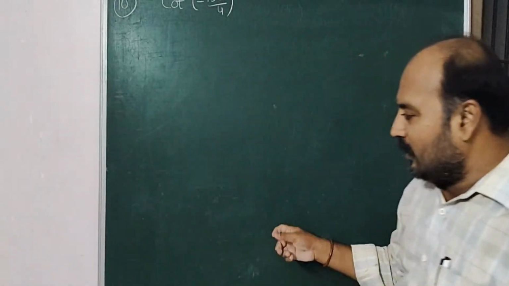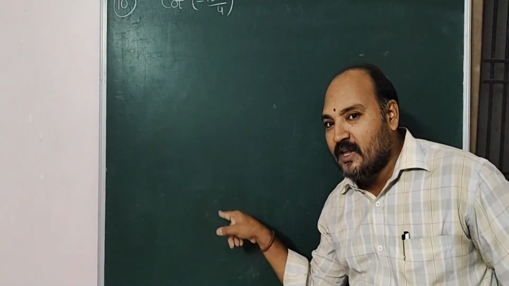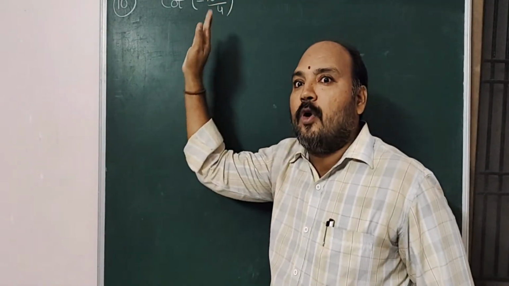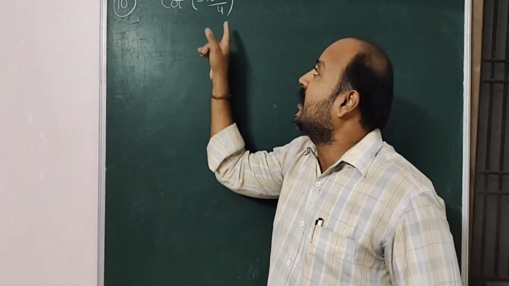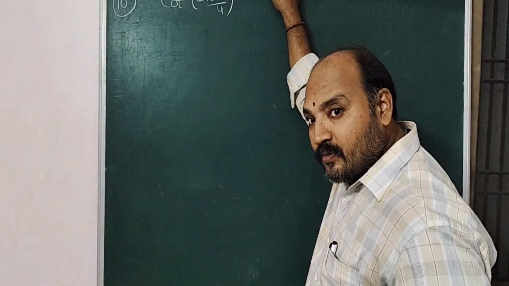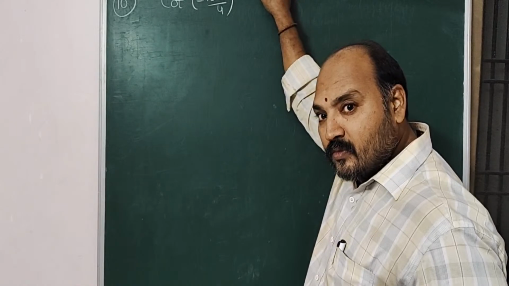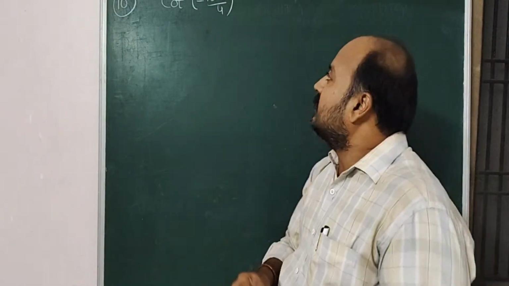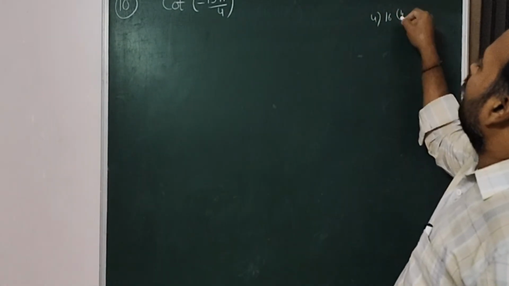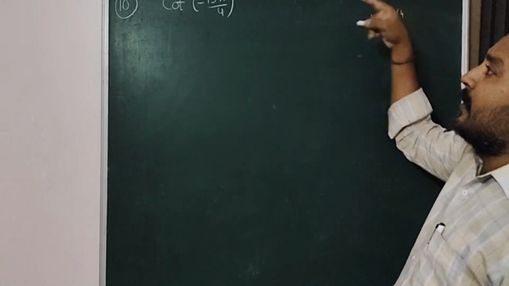Like the last problem, what we had here, 11 pi by 3, no? Similarly, here 15. But after 15, 16 will come. 16 is divisible by 4 easily. For 16, 0 will come as remainder, but 15 is there.